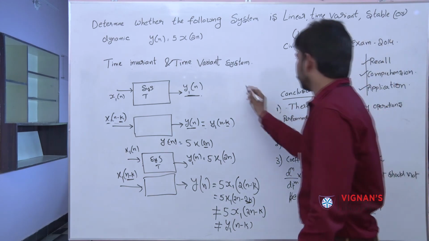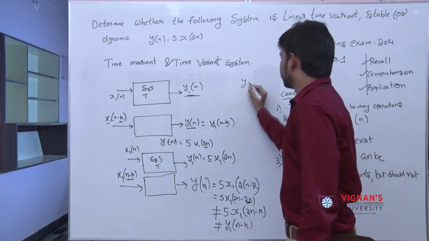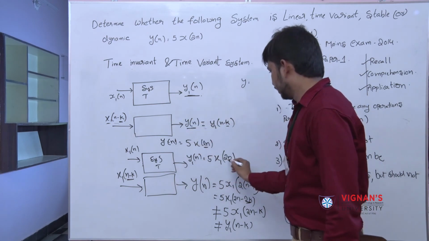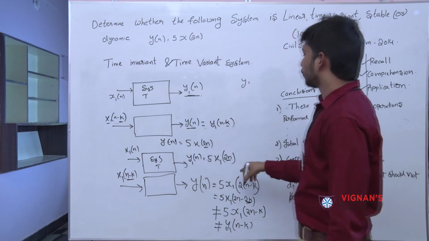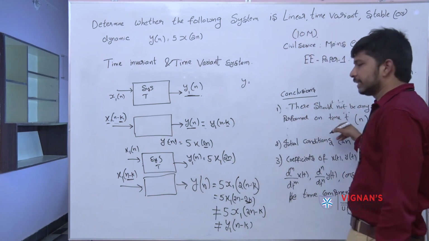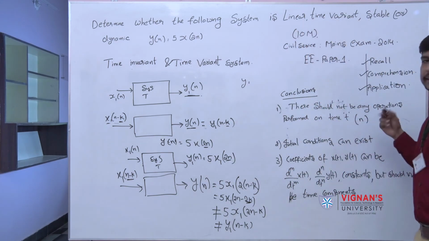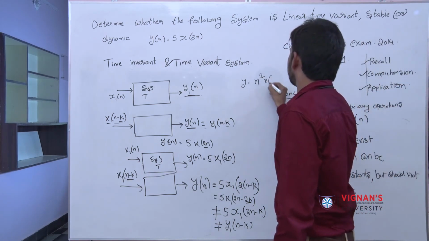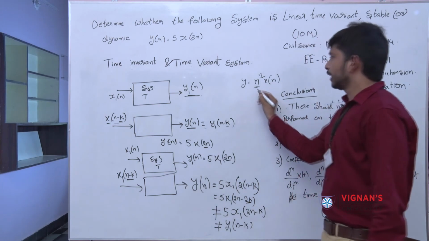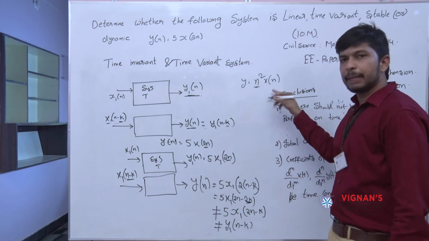Here the operation performed is n multiplied with 2. There should not be any operations on time t in the continuous domain and n in the discrete domain. For example, n square of x of n, an operation is performed on n. So, what is it? Time variant system.